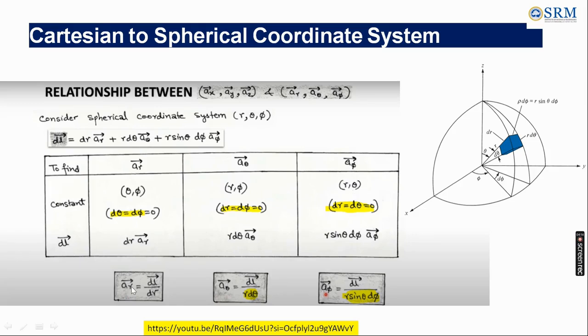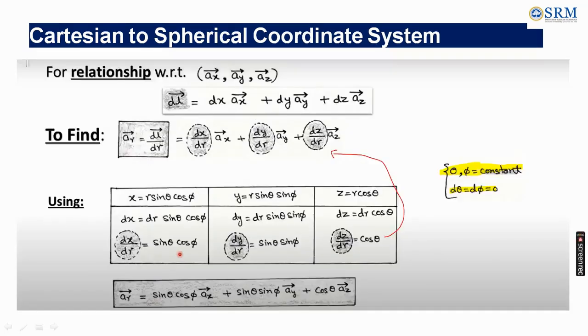So how will I find the AR vector? It is dl vector divided by dr. Similarly, for the unit vector AR cap, I have to take the differential element in the Cartesian coordinate system and differentiate with respect to dr. To do that I have to take the x, y, z values, which relate to the spherical coordinates.